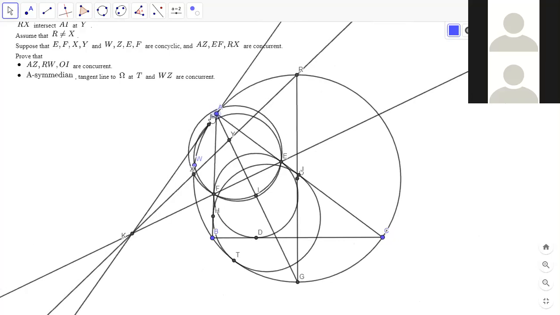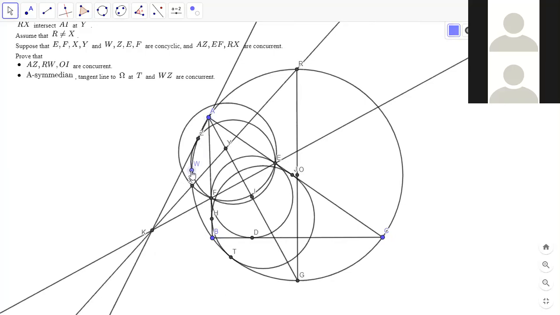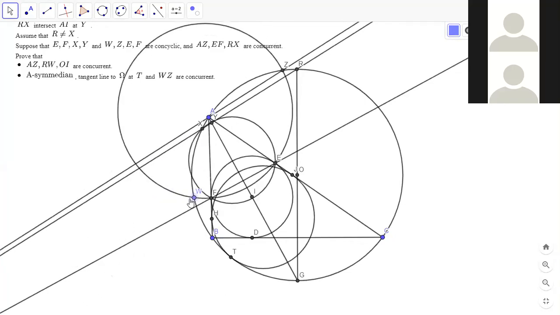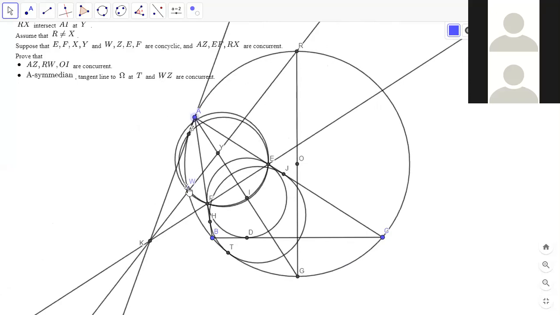If I make it more obtuse, and then move W downwards, it's kind of like that.